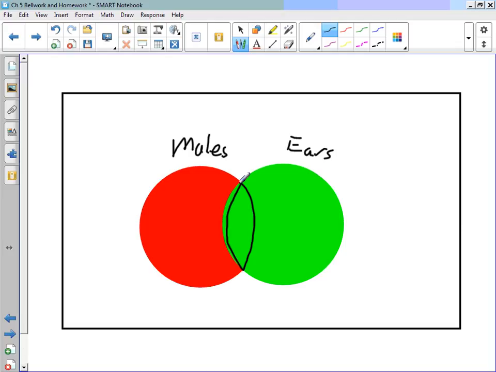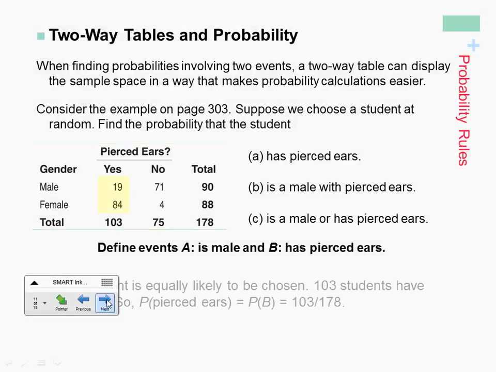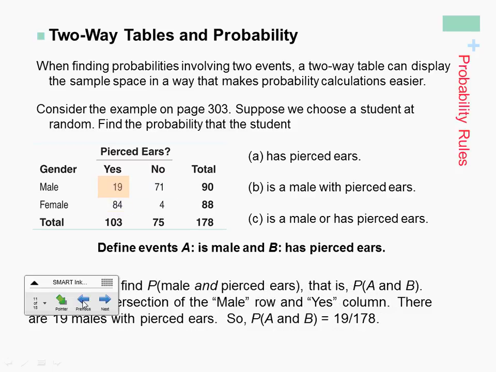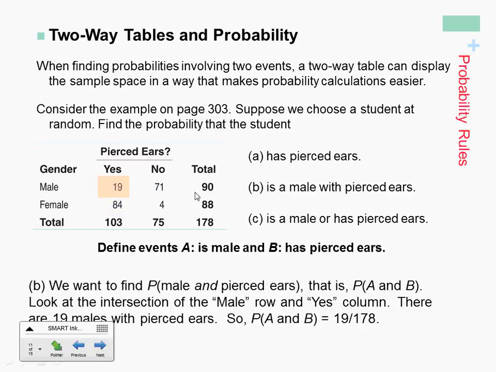So back in the context of where we were, this is the males, and this is the ears. Where's the overlap? At 19. Okay, that was a long story, but I think I got it.